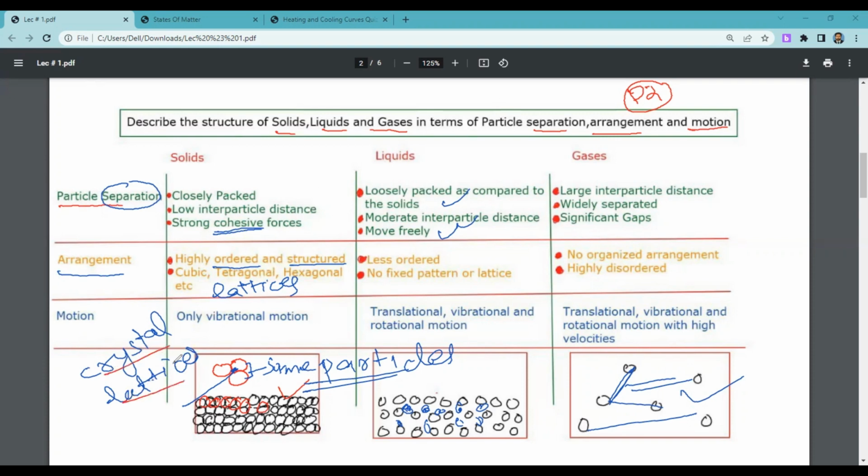They form, for example, cubic, tetragonal, hexagonal, etc. Liquids are less ordered and they don't have a fixed pattern or lattice. Gases have no organized arrangement. They are highly disordered structures.